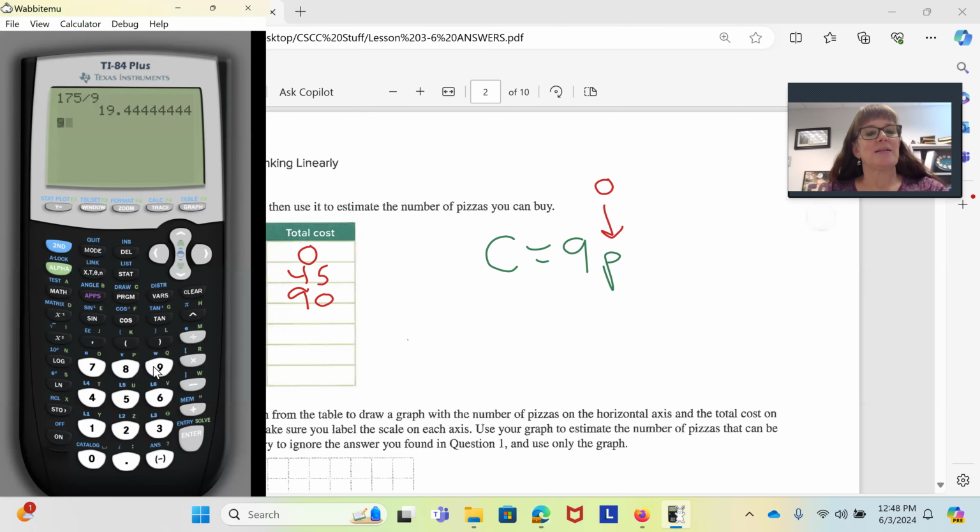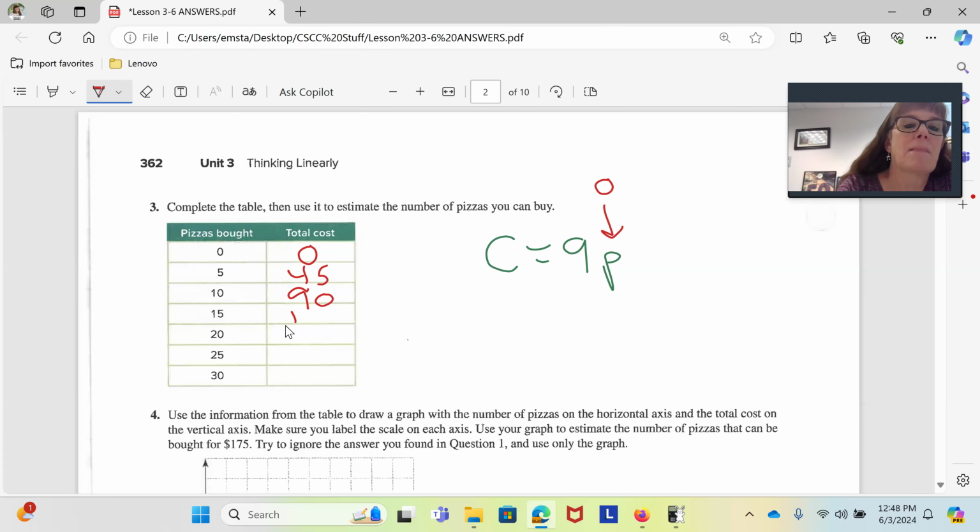So 9 times 15 is $135. And we can continue to put those in our calculator. The next one will be 180. The next one will be 225. And 30 pizzas will cost us $270.